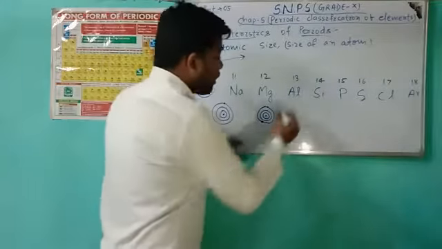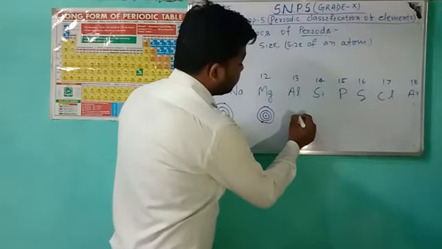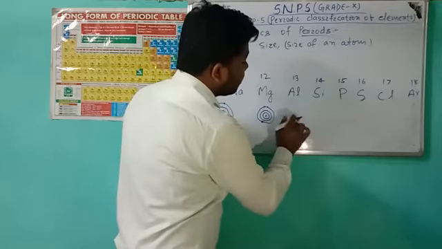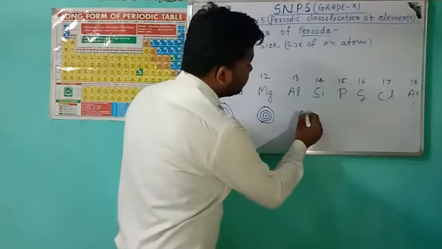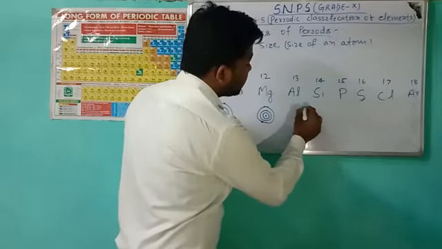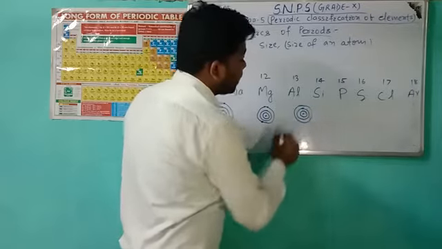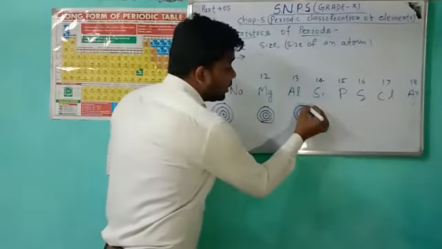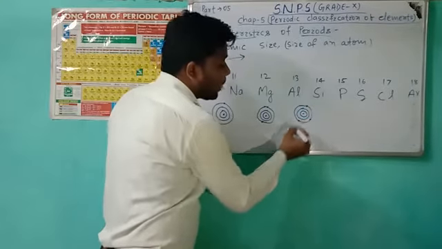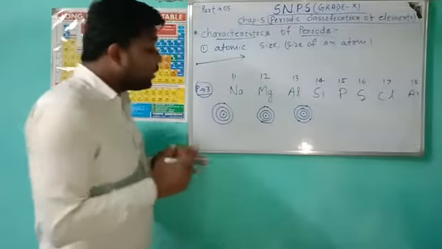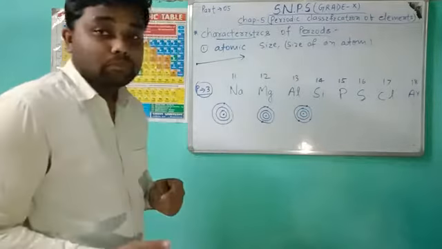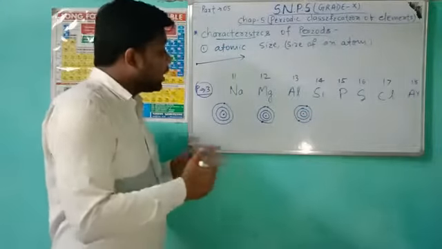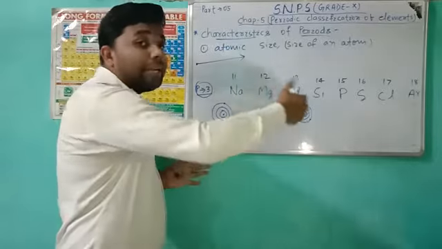And what about aluminium? Here, this is the nucleus of aluminium. This is the first shell, this is the second shell, and this is the third shell. Here, aluminium has 3 electrons in its outermost shell. You know that when we go left to right, the atomic number increases.